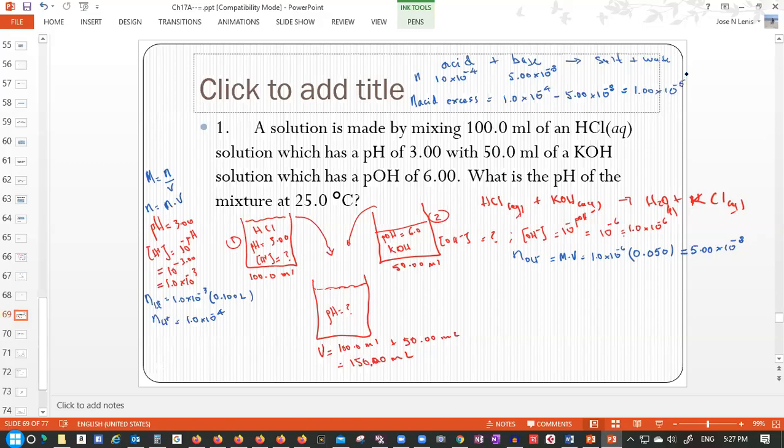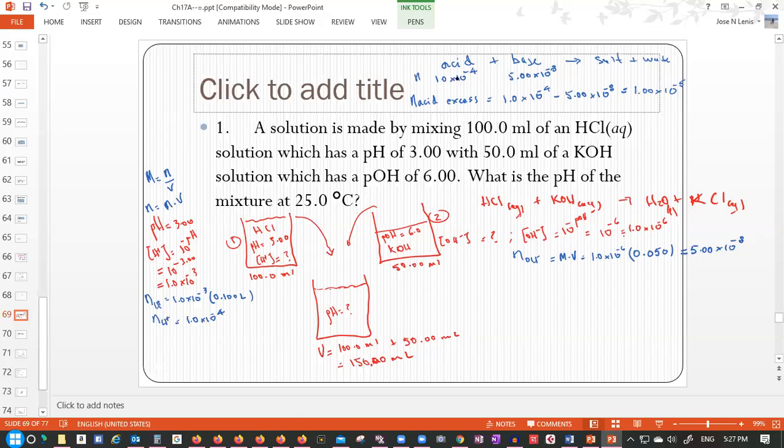That will be left over of acid after the base neutralizes the acid, because the base is in less amount. So you need to check which one is in bigger amount, which one is in the small amount, to see what is going to be left over.